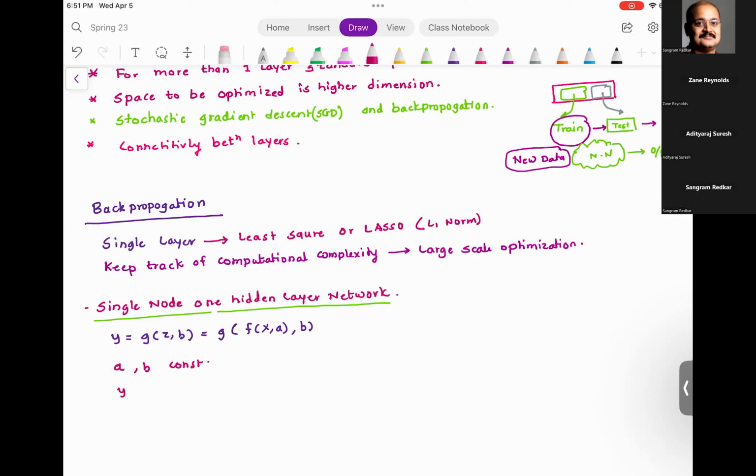So I'm going to say y0 is the true value and y is the value computed by the neural network.